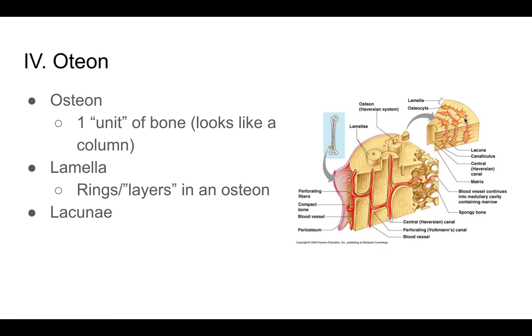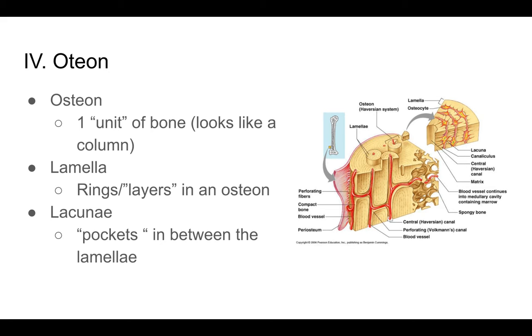Now within the lamella, there are these little pockets, and these pockets are called lacunae. Here's the word lacunae. Imagine where each one of these cells sits. There has to be a little pocket or a divot for the cell to sit in.